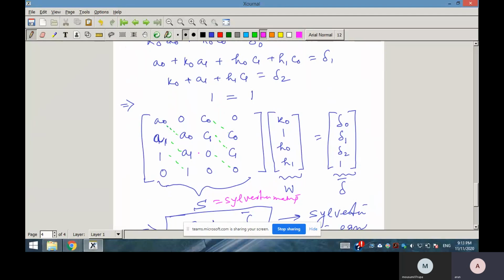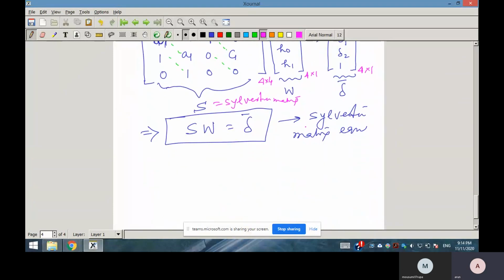This is a standard result in higher linear algebra. So you can see this dimension is 4 cross 4, this dimension is 4 cross 1, and this is again 4 cross 1. So this is important. This is your Sylvester matrix equation, and it is invertible.